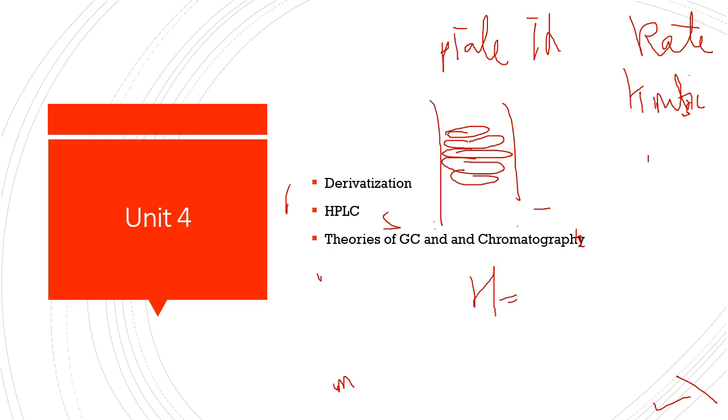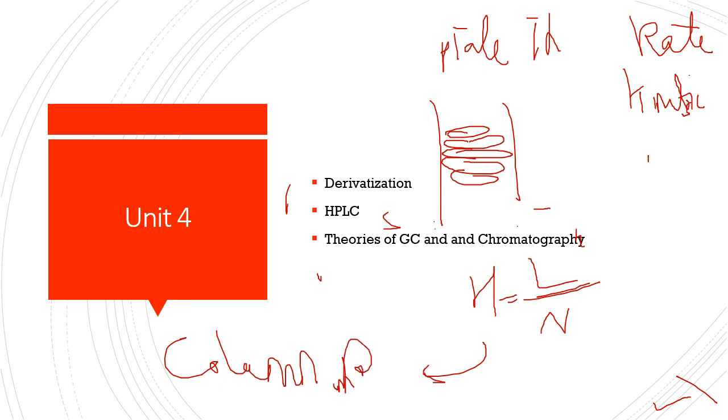The height, length and number of plates are useful in column optimization and resolution. So this is what is important: H is equal to L upon N.